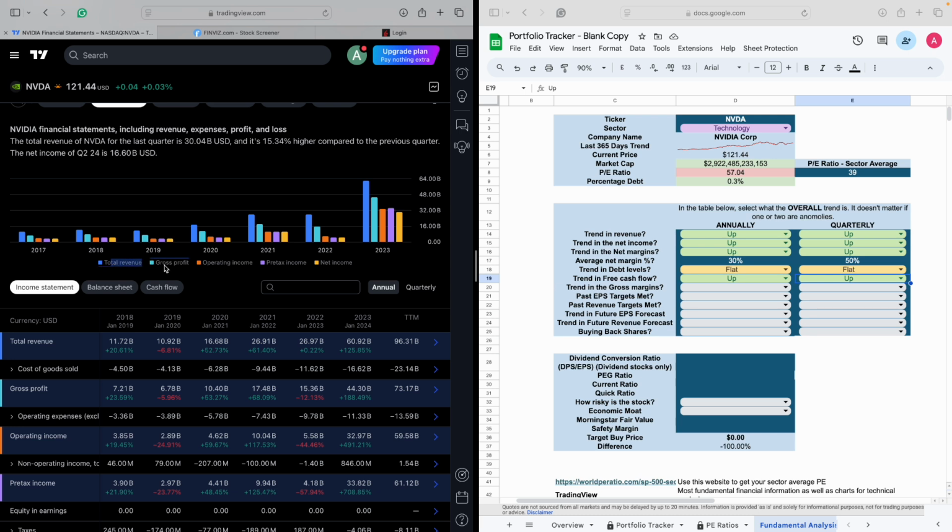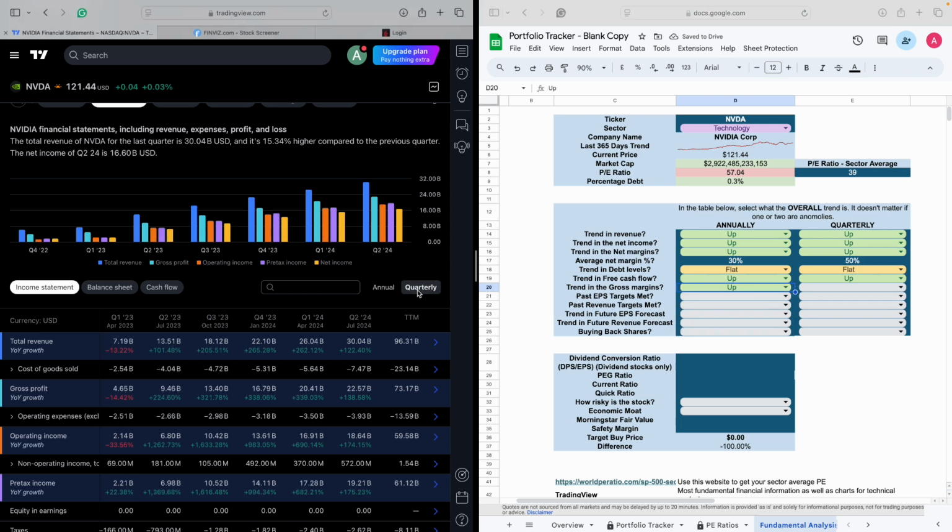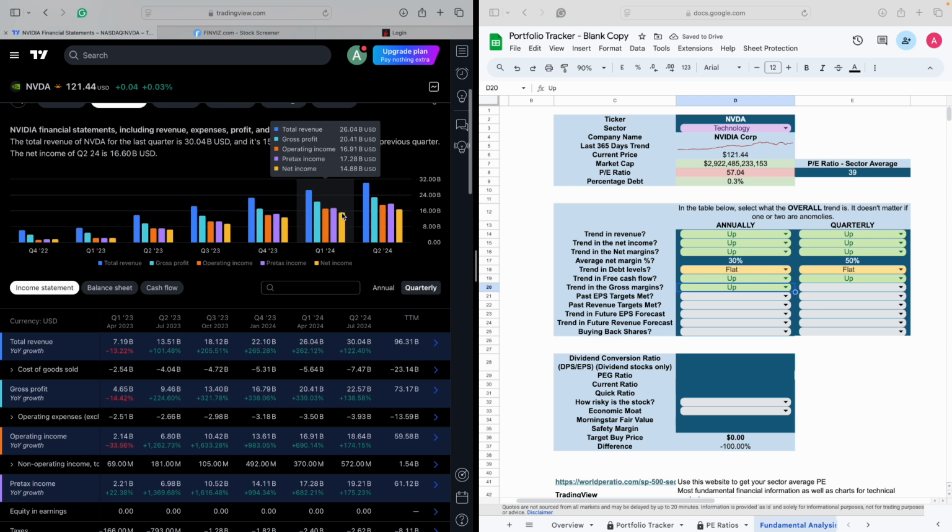So we're looking at the revenue and the gross profit and seeing the gap between them. Is it going up the same amount roughly, or are the gross margins significantly lower? But to me, the gross margins are going up. The blue bar is going up. So I'll put up. And then if I switch to quarterly, again, to me, that's going up.